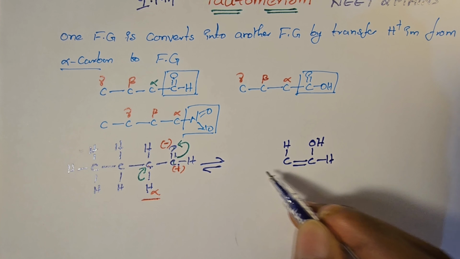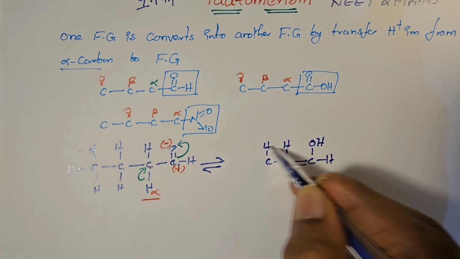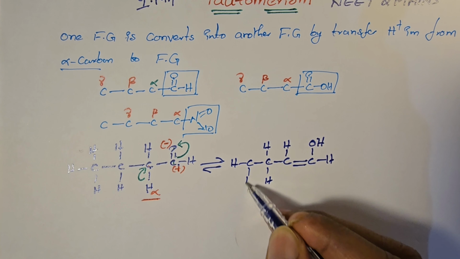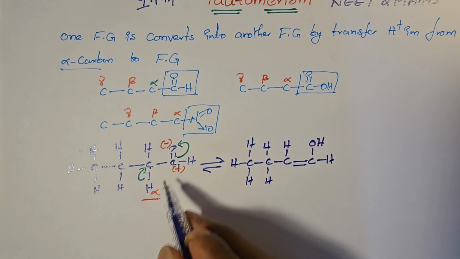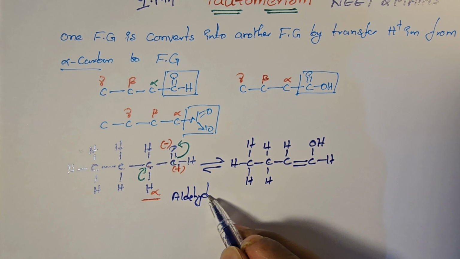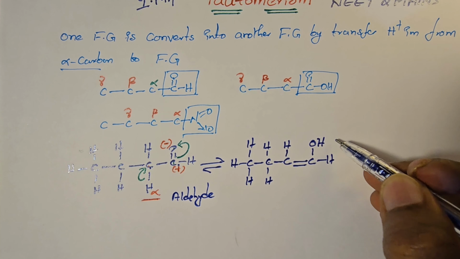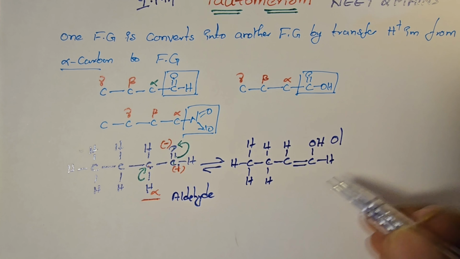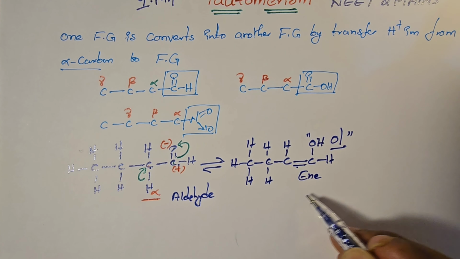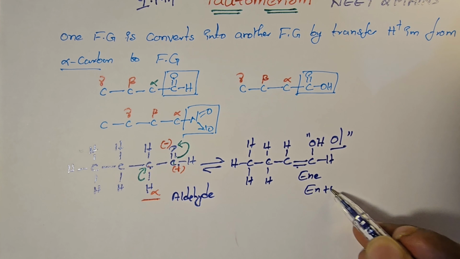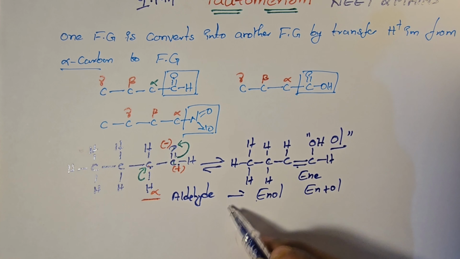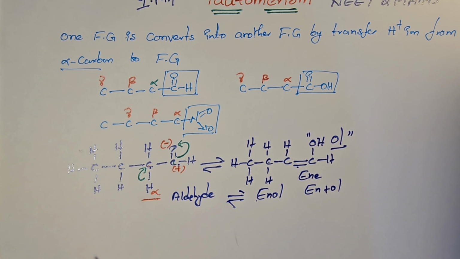Now here hydrogen, C, H2, and CH3 is present. Before hydrogen shifting, this is aldehyde. After shifting, what functional groups are present? Ene and ol. Ene plus ol is called enol. So here the aldehyde functional group is converting into enol.